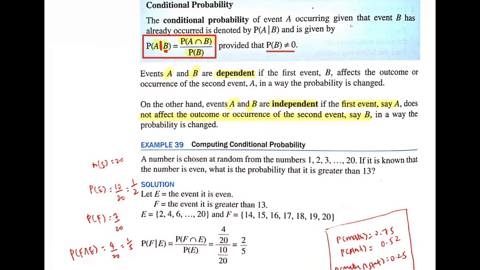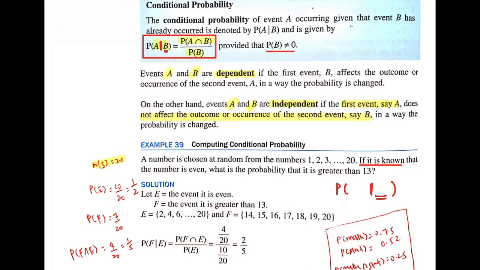Let us see this example here. A number is chosen at random from the numbers 1 until 20. So we know that n(S) is equal to 20. If it is known that the number is an even number, please read this carefully. If it is known, the probability that is already known should be at the back here, given that.